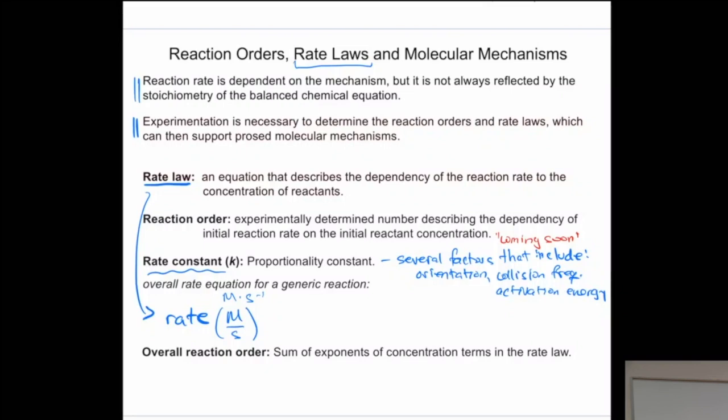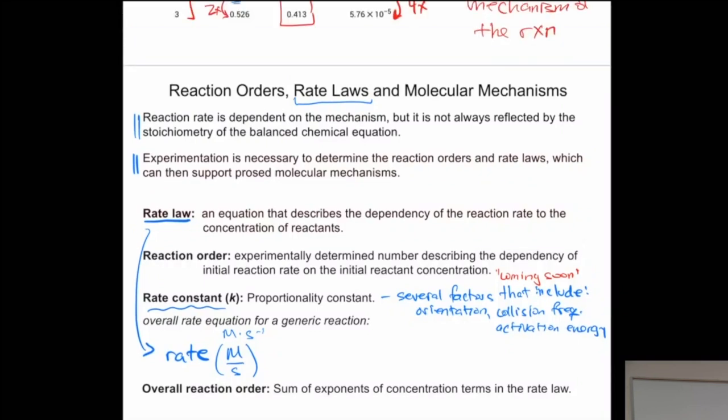Capital M is molarity, moles per liter. And remember, molarity, that's what's in the brackets. M, molarity, which is moles per liter. And I guess if we're emphasizing how to write that, it's moles times liter inverse. All the same thing.